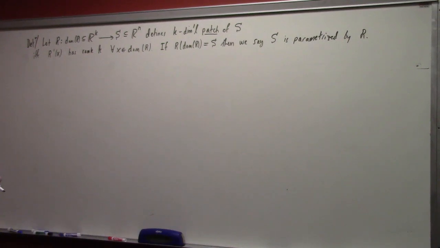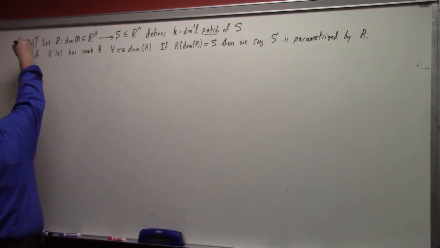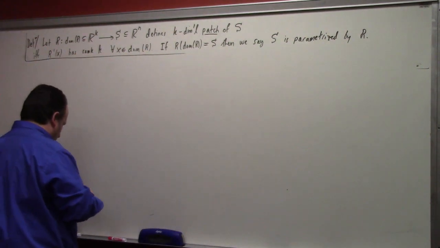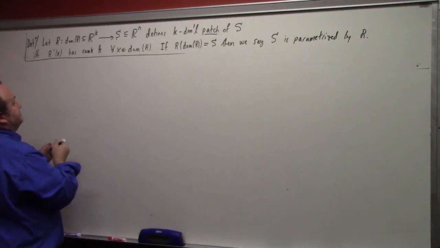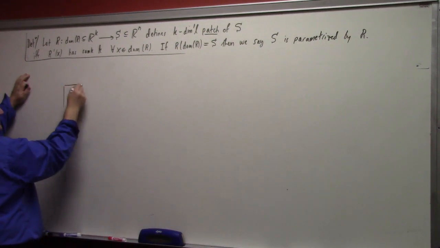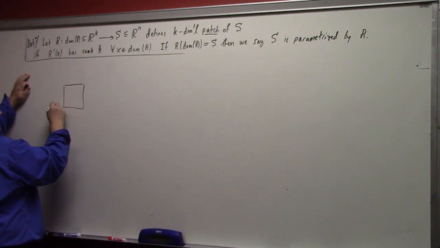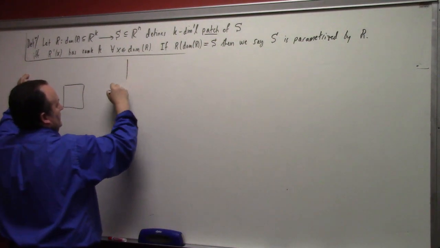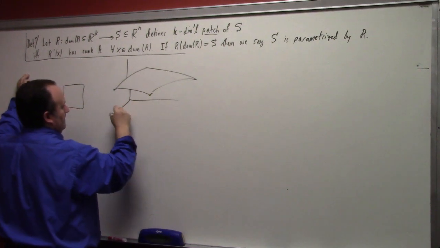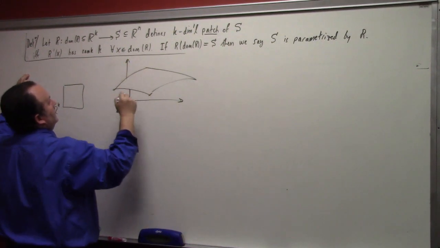Then, all right, so let's draw a picture. The picture is a little bit easier this time in some sense because we have Rk, right? And then here's my surface.